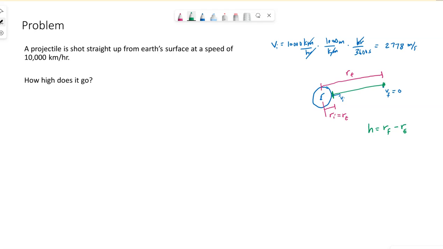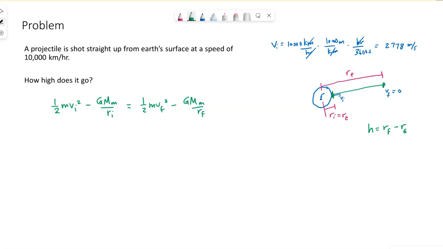Now, energy is a great way to go. So at this initial moment in time, the kinetic energy and potential energy this projectile has together, this total energy, has to still be the final energy.